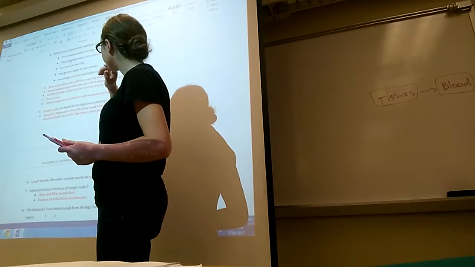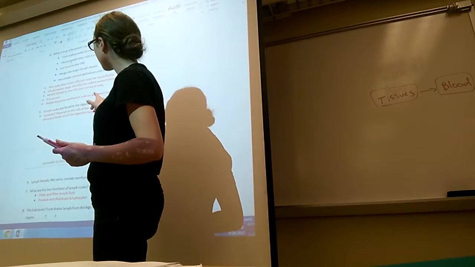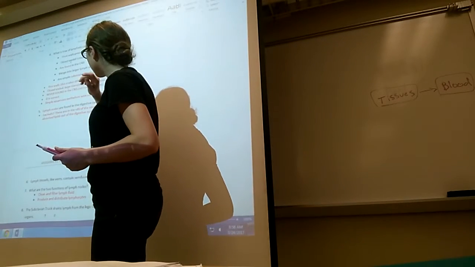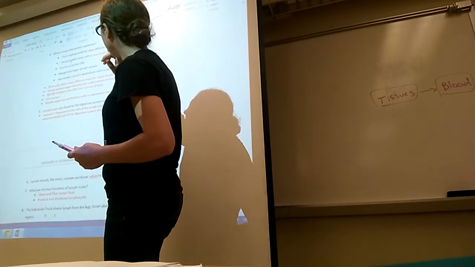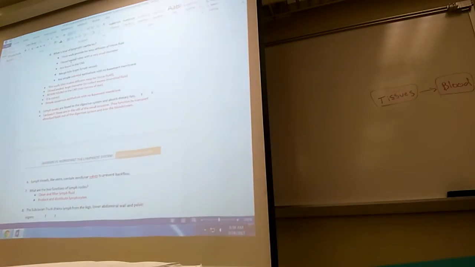I think the red words are wrong. Yeah, because I'm looking at this. So which one is true, and they merge into larger lymph vessels. Right.